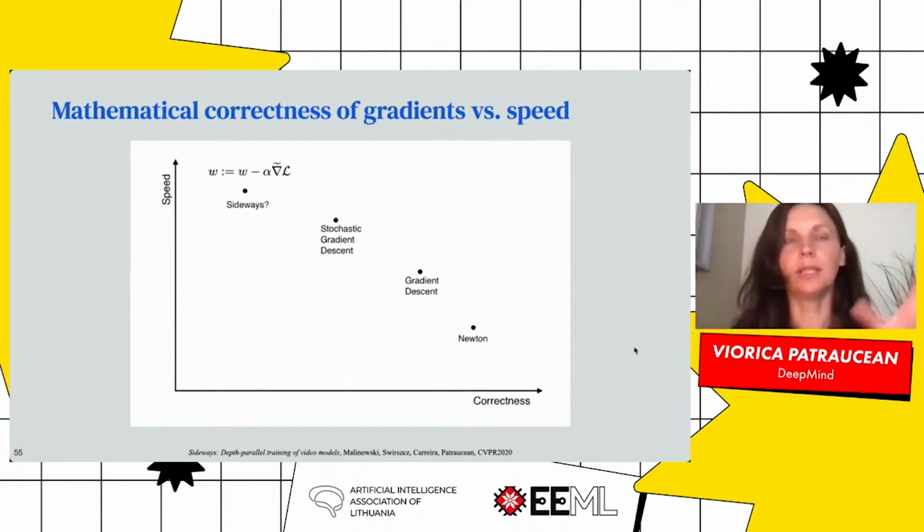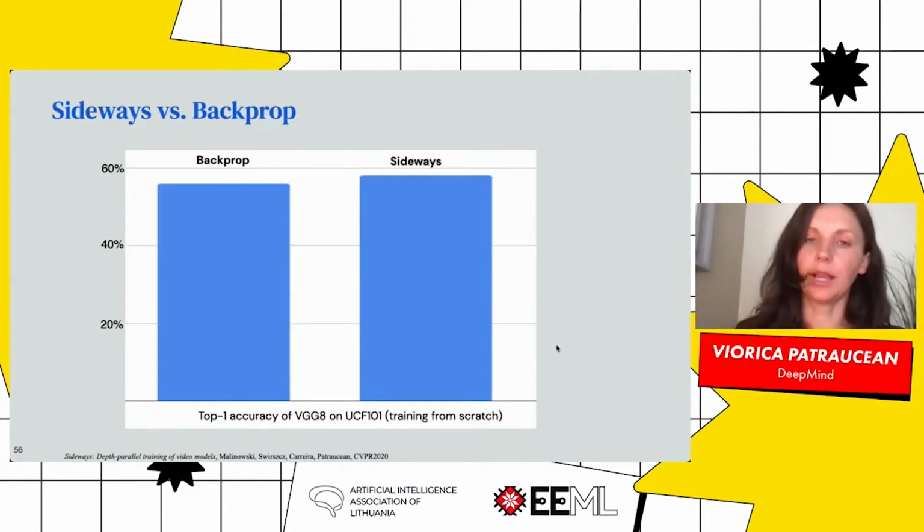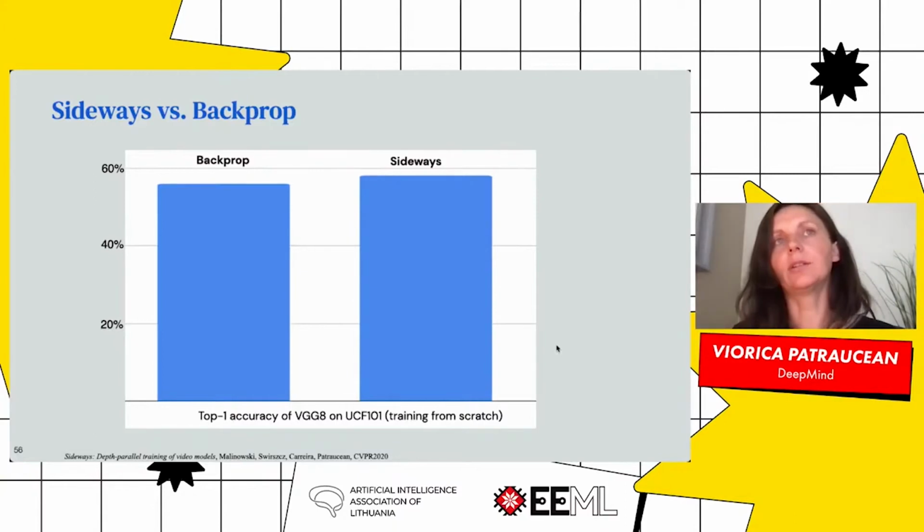And our method would be there at the top with even more biased gradients, but computed much faster. Surprisingly, we've seen that with our training mechanism, for smaller data sets at least, we obtain even better accuracy than standard backprop. The reason is that the noisy gradients act as a regularization mechanism in training.